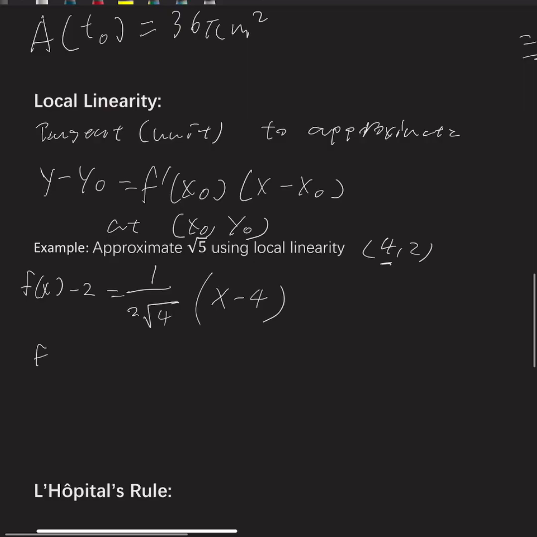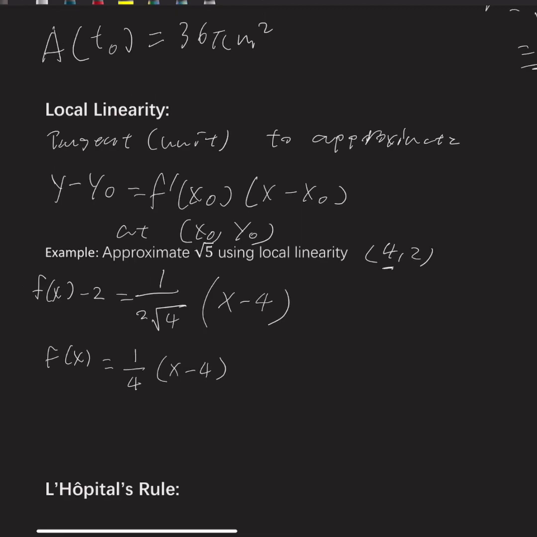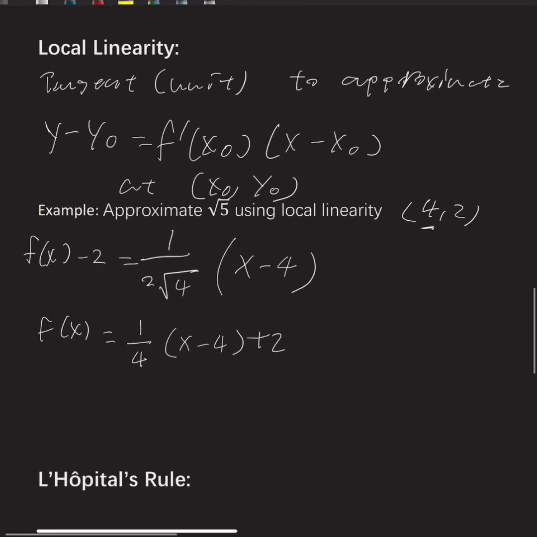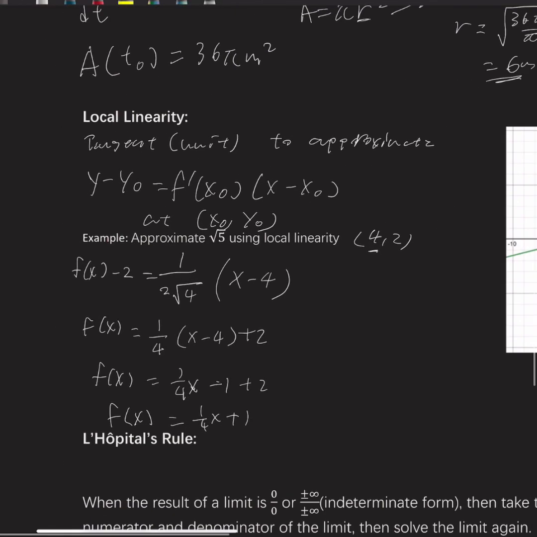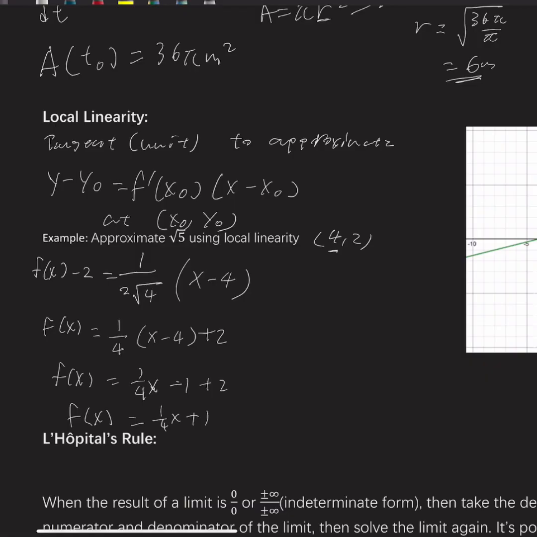Now we can simplify: f of x is equal to 1/4 times (x minus 4), plus 2. So f of x is equal to 1/4 x minus 1 plus 2. We get f of x for the tangent line is equal to 1/4 x plus 1. Now we just need to substitute 5 into this tangent line equation to approximate the square root of 5.